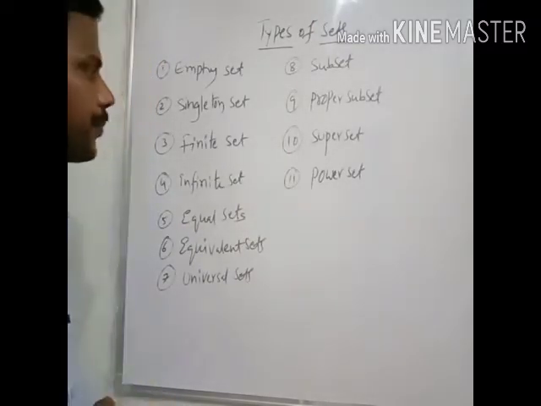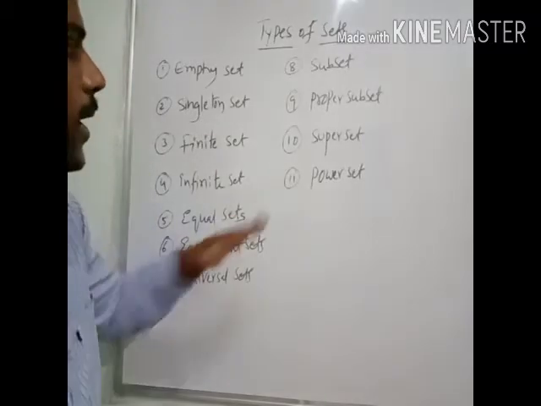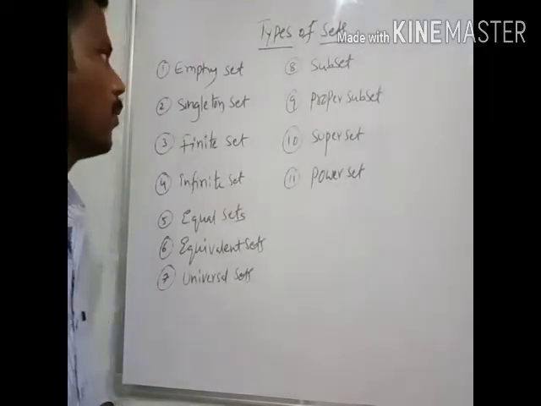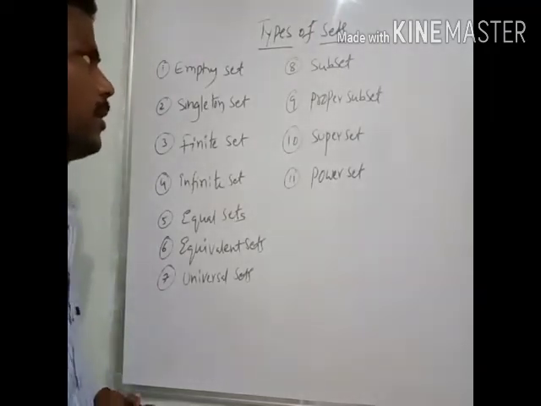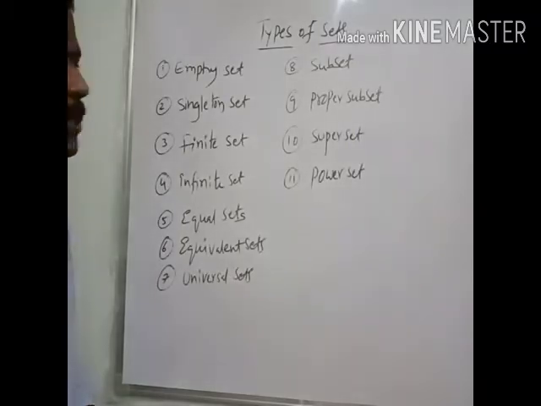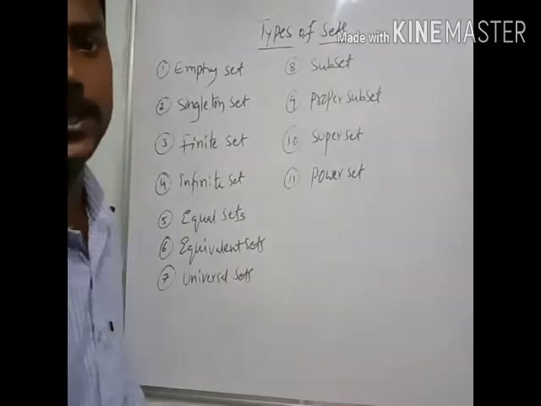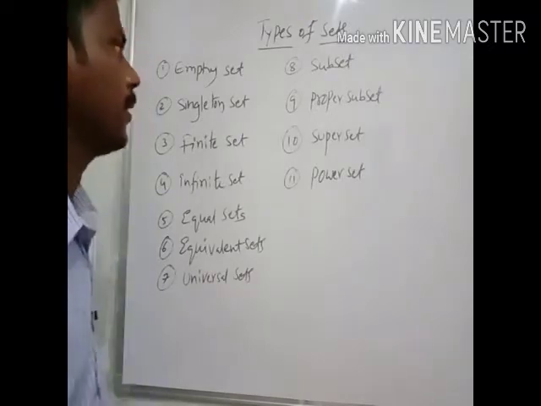So at most we have 11 types of sets here. We will learn about them one by one. Some are based on different conditions, and we can define each of them.